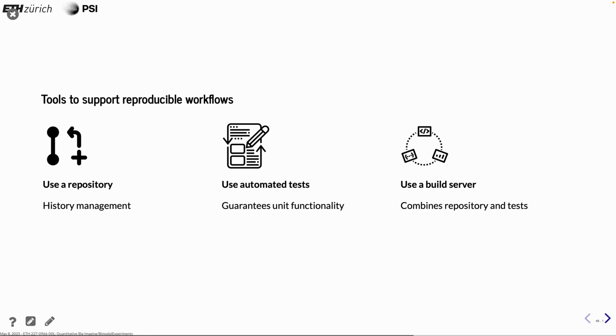The next step is to use automated tests, and that guarantees that each little part of your code is actually doing what it's supposed to. Finally, which is more for larger projects, is to use a build server that combines the repository and tests. So once you send something to the repository, it's automatically also running the unit tests.